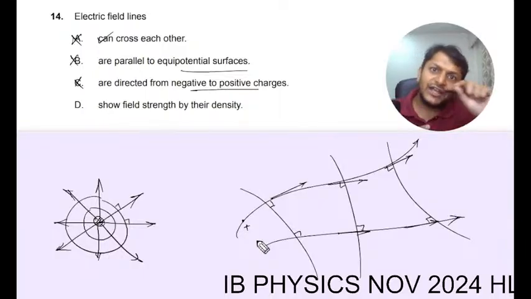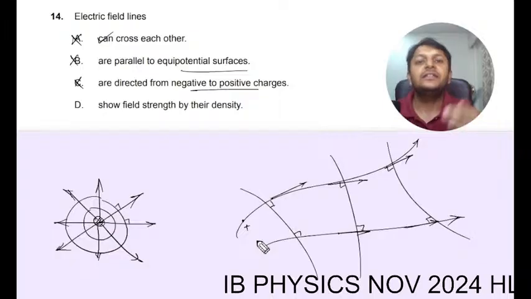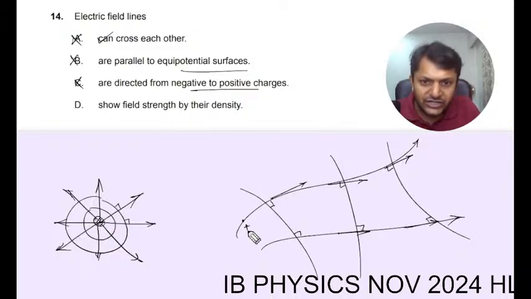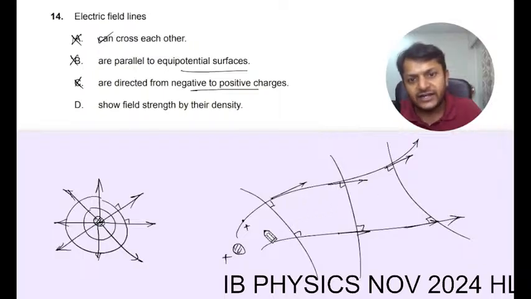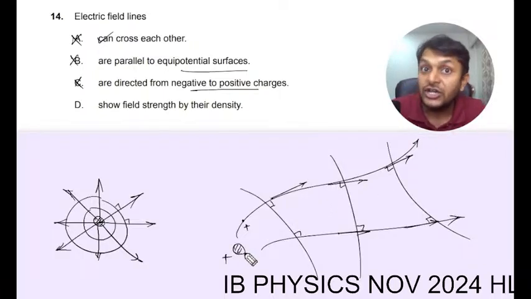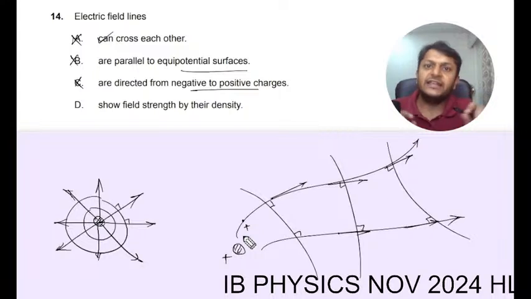So the path traced by it will be the electric field line. This is a positive charge, and of course this is also positive. That is why we say they always direct away from the positive source charge, because the field line is the path the positive charge will follow.